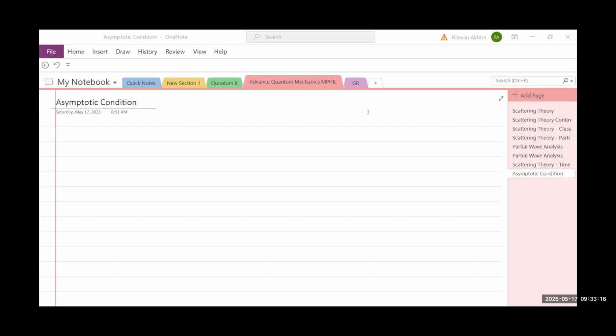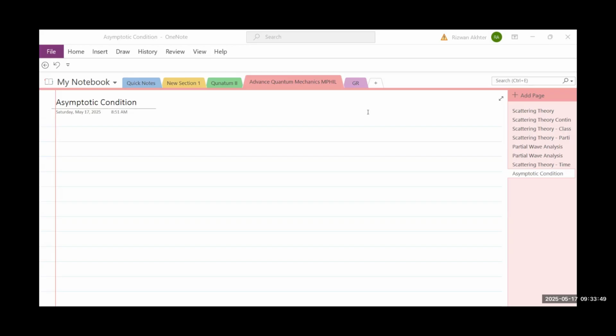So what is the asymptotic condition? It says that the actual orbit U of t, the unitary operator evolving the state function psi, acting on psi would tend to an asymptotic orbit at t equals minus infinity, and similarly this actual orbit U of t tends to an asymptotic orbit at t equals plus infinity.